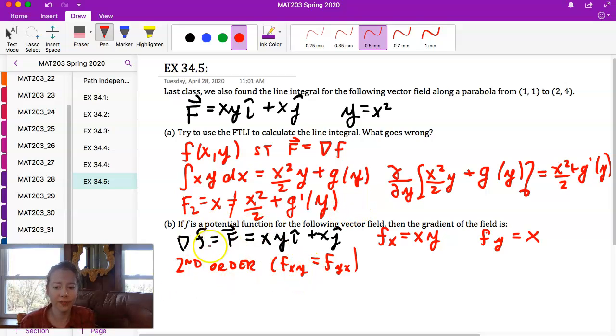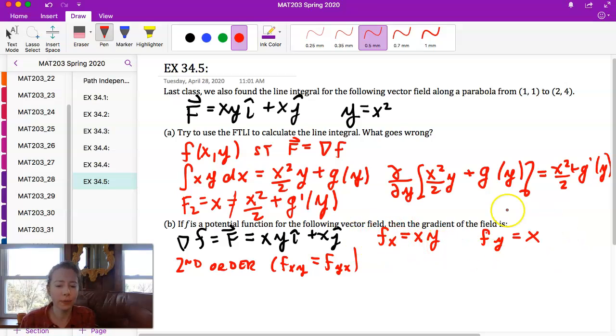So we're going to use the fact that those should be equal to show that there is no potential function for our vector field f. So in other words, our vector field f is not the gradient of any function. There does not exist a potential function for it, right? So f sub xy should equal f sub yx if, in fact, there is some potential function that exists for this field. So let's give it a shot.